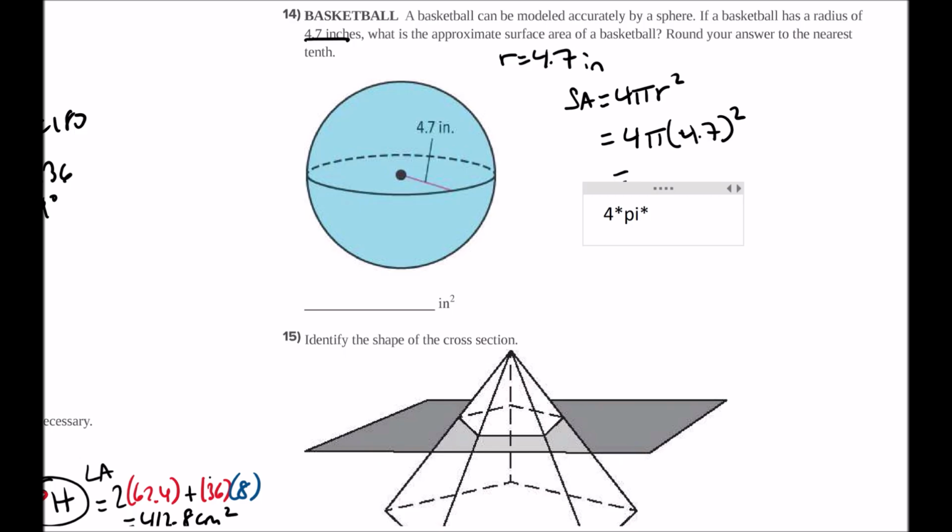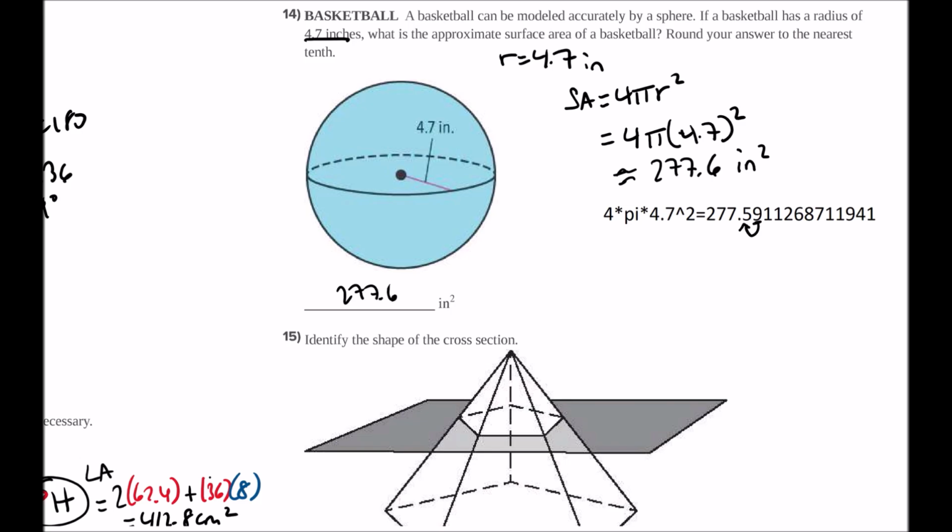We're going to use the pi button, the actual value of pi, not 3.14. And so 277.59, which to the nearest tenth we're bumping up to a 6. So 277.6 inches squared.